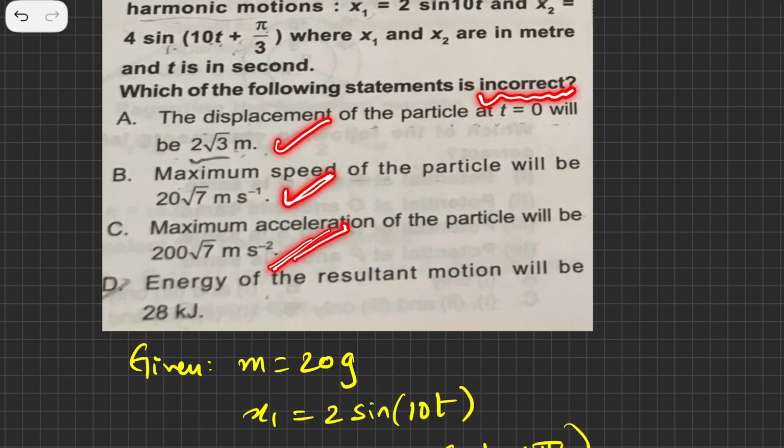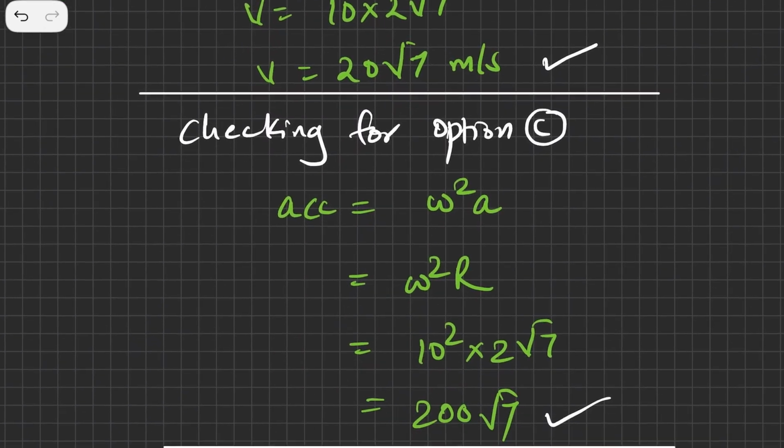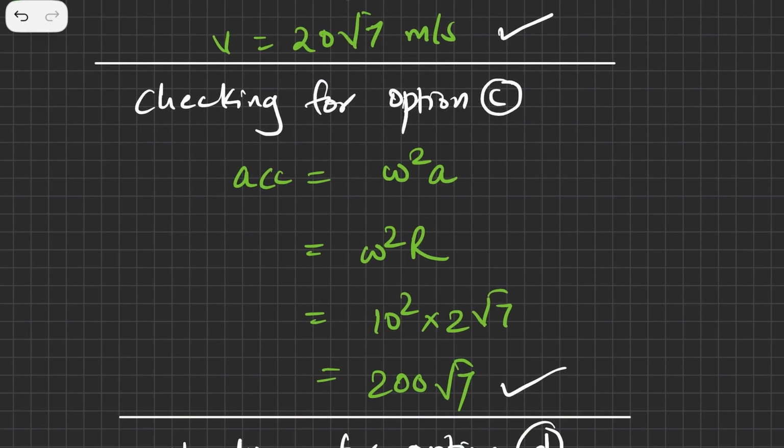So now I'll check for the maximum acceleration. In order to check the maximum acceleration, I am checking option C. The formula for acceleration is minus omega square x, but in place of x I am putting A, that is the maximum displacement, to get the maximum acceleration.